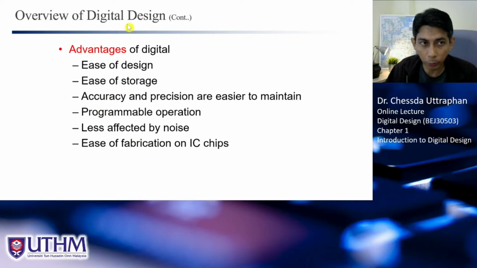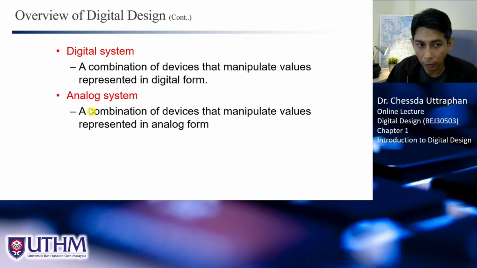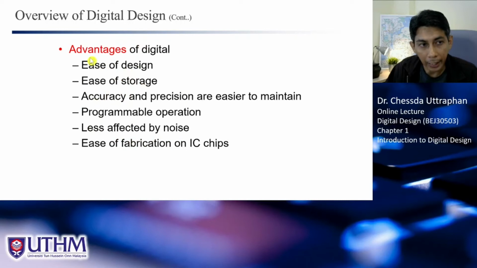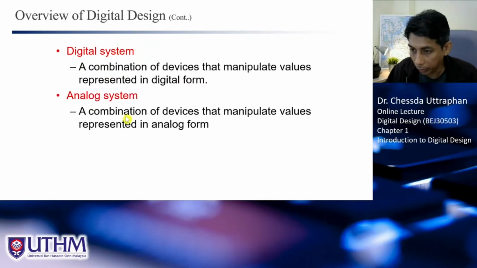But why digital? Why do we use digital nowadays? Most of the time we use digital. But again, although we have many advantages of digital as compared to analog, analog is still important, because the world is analog. Before you can get the data into the digital domain, of course the data is still in analog.